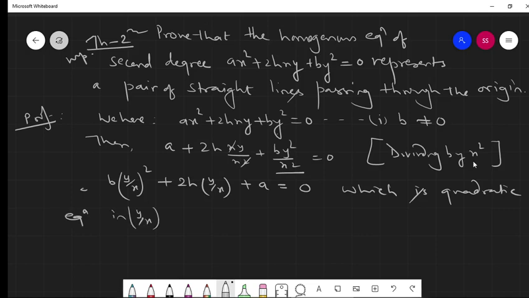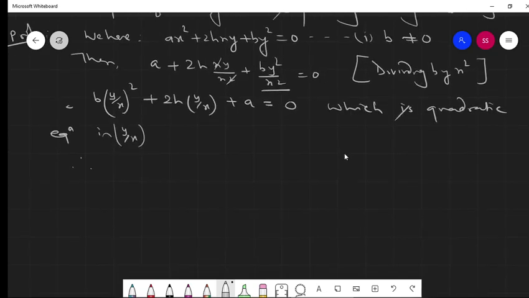Here also we have (y by x) whole square, and the form ax square plus bx plus c equal to 0 is developed by y by x. So this is quadratic in y by x. Therefore, if this is a quadratic equation, it has two roots.